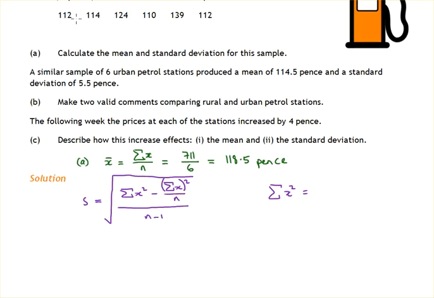So 112 squared plus 114 squared, and so on and so on, and that will give you, in this case, 84,881. You don't need to show working for that, but you do need to show this sort of interim value. And then the next thing for me would be sigma x all squared over n. And the reason that we wrote out our working carefully in part A was because we know sigma x is 711.